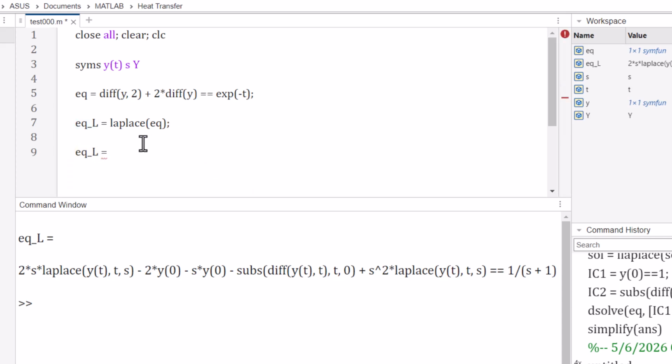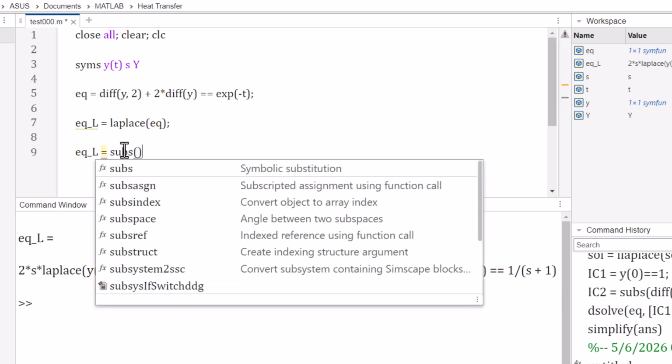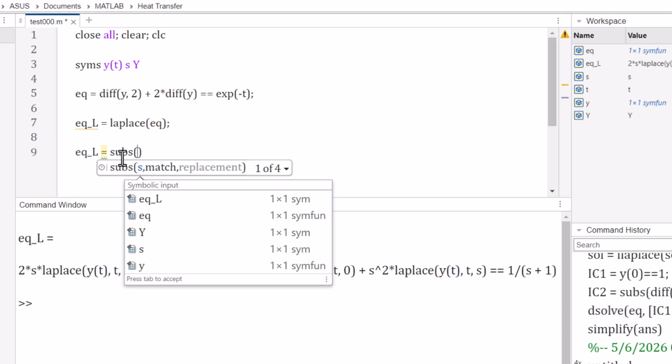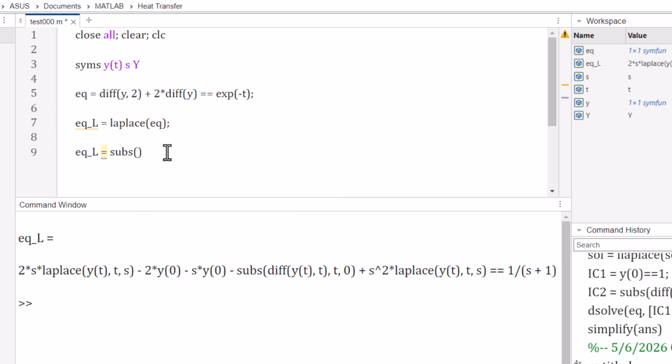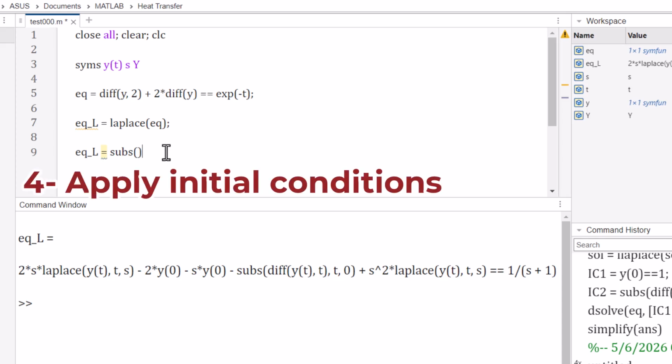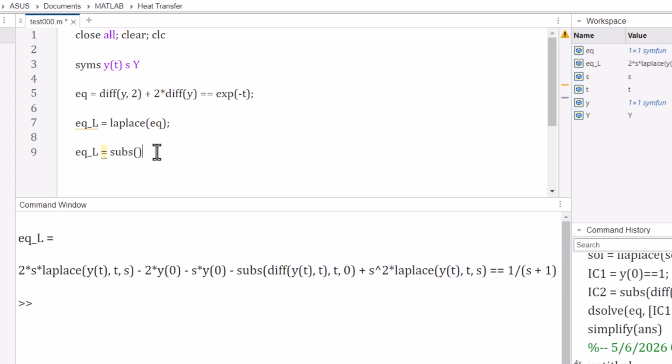And I am going to simplify it by implementing the initial conditions, by substituting the initial conditions into my equation in the Laplace domain. So I use subs function, and I have explained how to work with symbolic variables in the symbolic toolbox of MATLAB in a separate video. If you are not familiar with using subs command, please go watch the tutorial and come back.